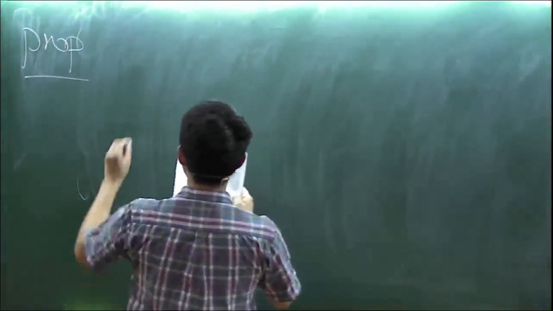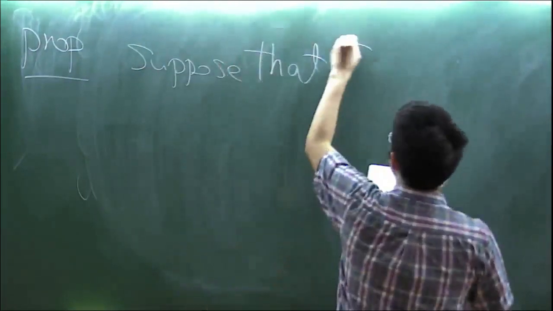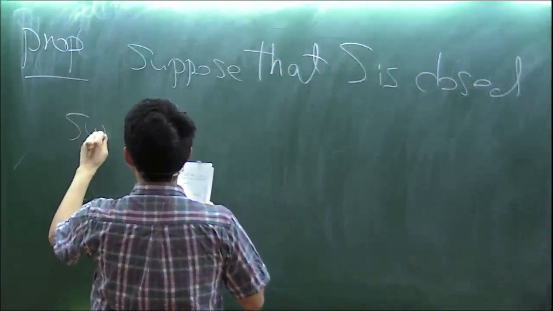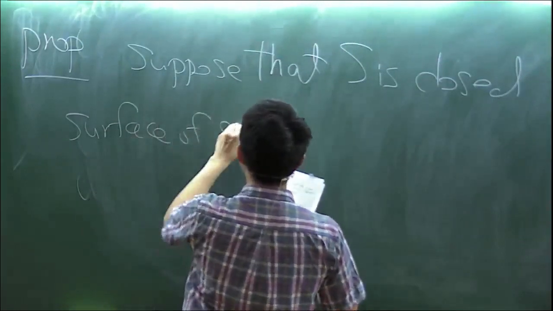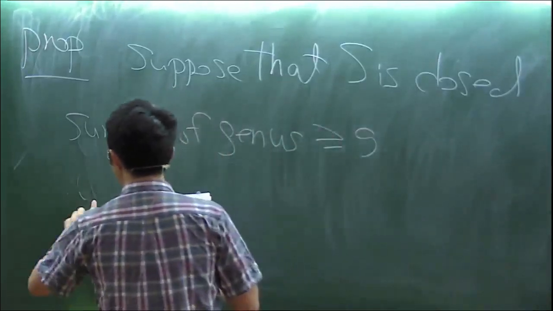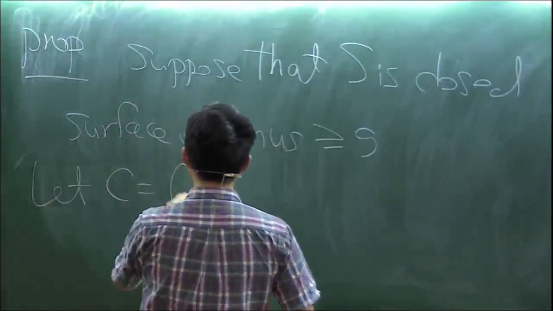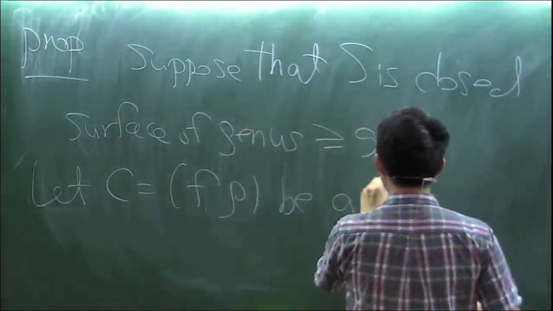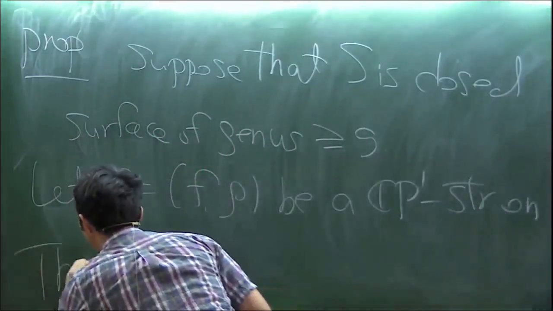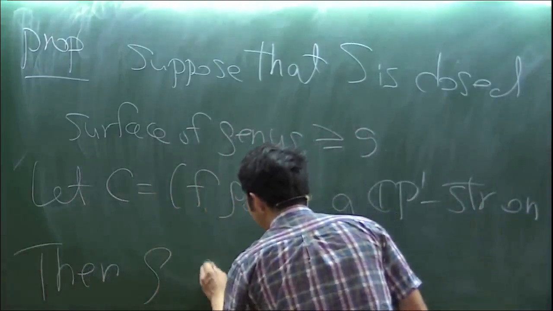Proposition. Suppose that S is a closed surface of genus at least 2, as before, and let C be a CP1 structure on S, then its holonomy representation is non-elementary.